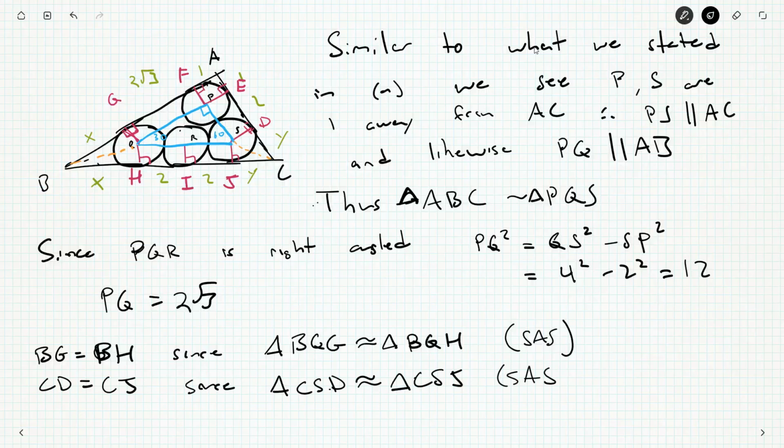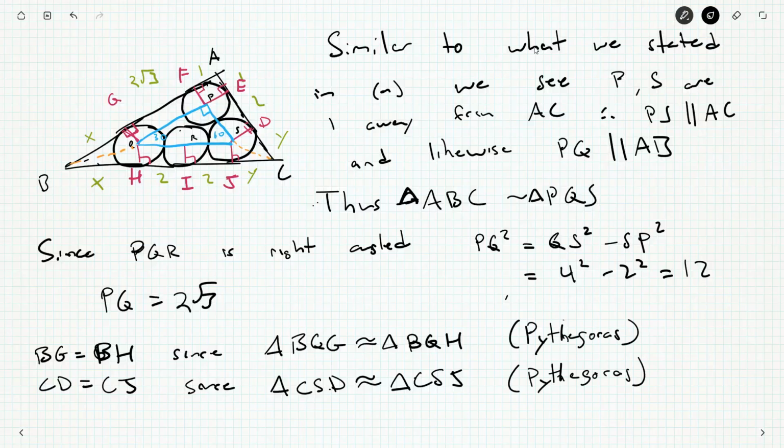Again, side angle side would do just fine here. Actually, I'm just going to say it's Pythagoras, because I believe side angle side has to have the angle. Anyway, Pythagoras. Okay. So I'm going to say let BG equal X and let CD equal Y.